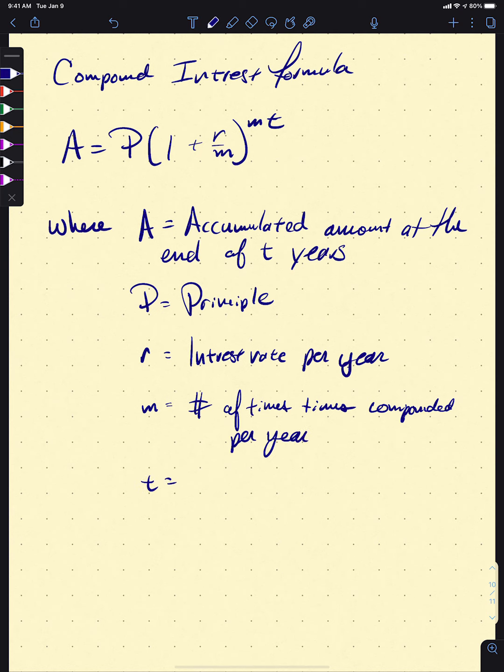And then T is our actual variable here, and it's the term, the number of years. These three values here, these are given instances in the problem.